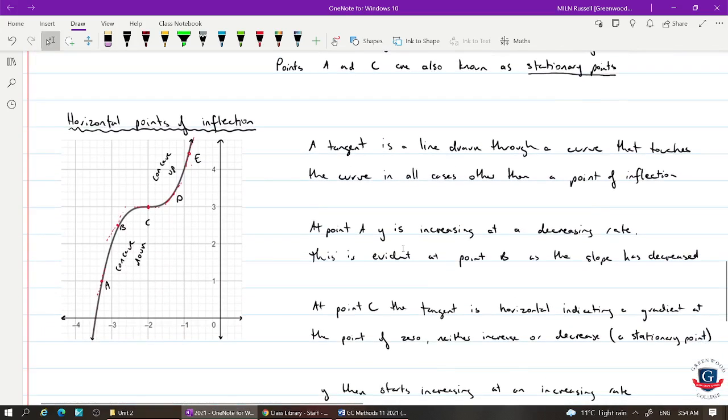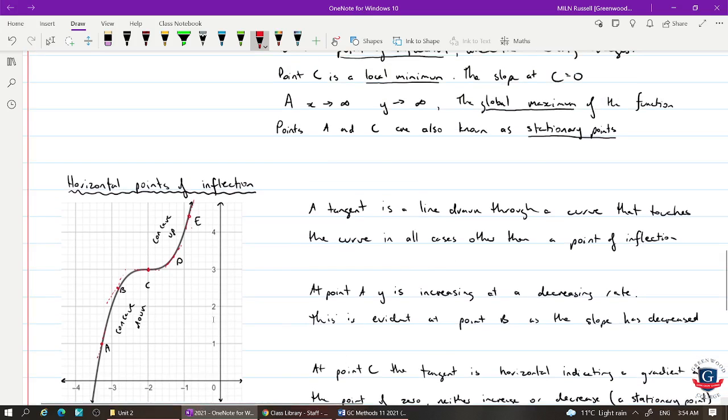Last but not least, the special case: a horizontal point of inflection. The tangents I drew earlier only touch the curve at a single point. The exception is at a point of inflection, where we can see here it moves all the way through the point and through the curve.